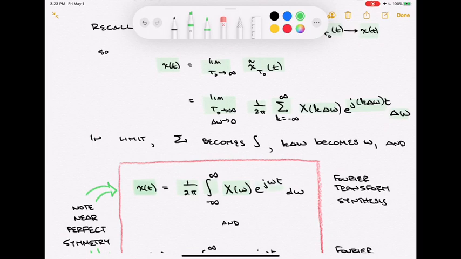This is actually something that should look pretty familiar. What does it tell us? It tells us that our aperiodic time domain signal is just equal to a sum of scaled complex exponentials. The only difference between this expression and what the Fourier series synthesis equation gave us is that the frequencies omega are not required to be harmonically related.